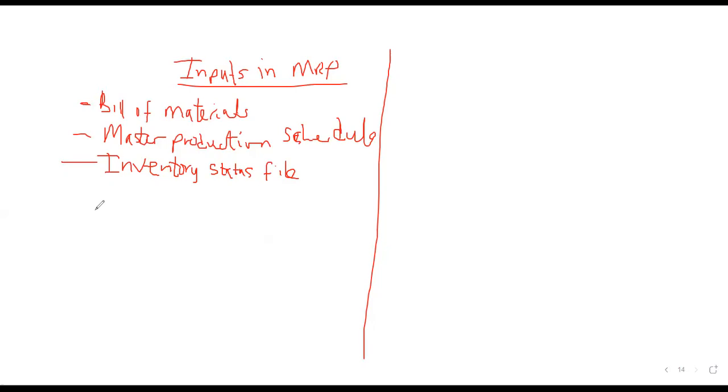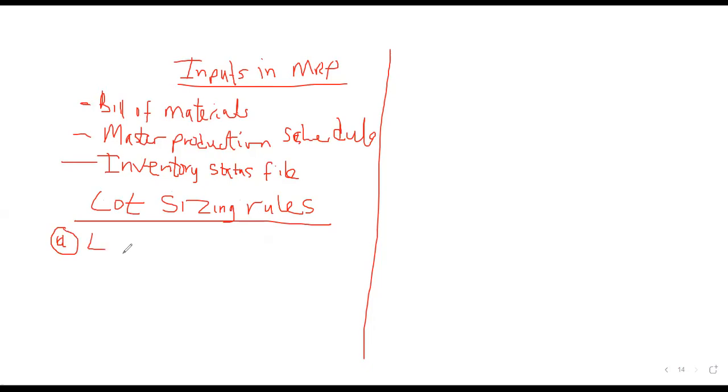Then we have what we call lot sizing rules in MRP. The first one we have is lot for lot.